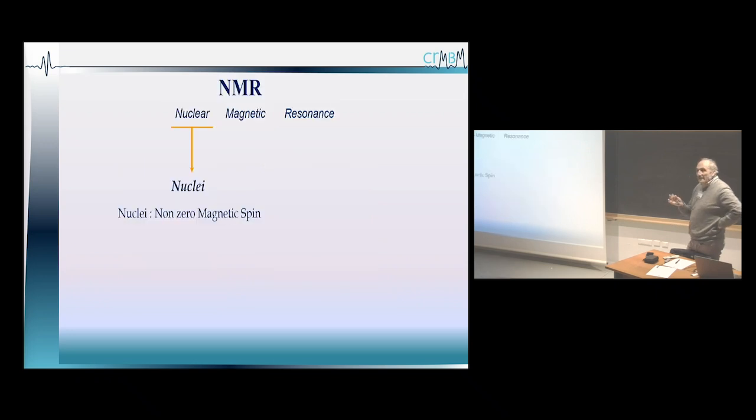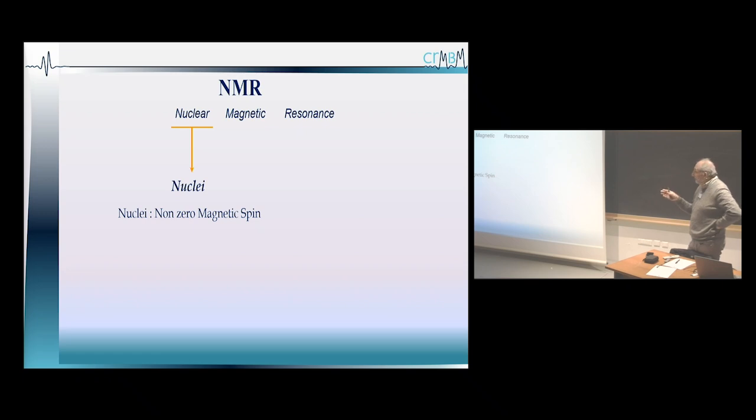Having said that, maybe we need to understand what is in these words, nuclear magnetic resonance. When you talk about nuclei, we are not talking about all sorts of nuclei. We're talking about a specific type of nuclei, and they are those with a non-zero magnetic spin. It means they've got this physical property called spin. If the nucleus doesn't have a spin, you won't be able to detect it with NMR.